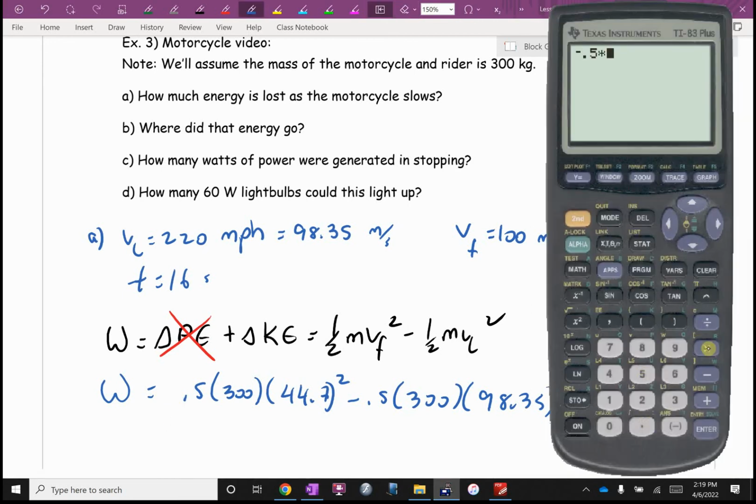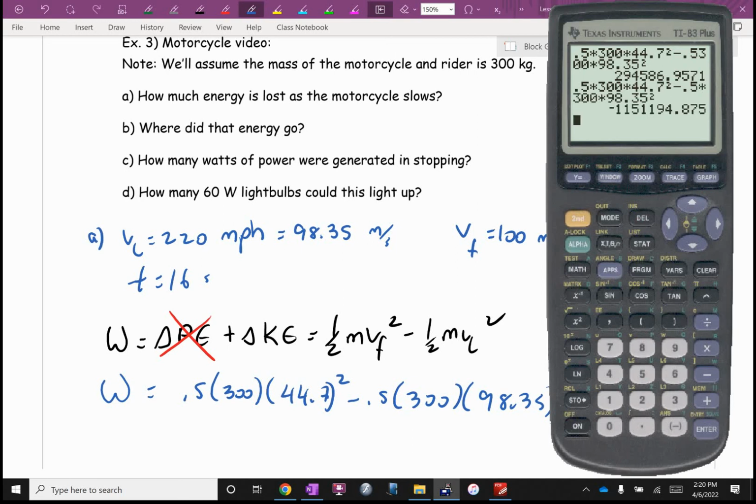Don't forget the squared. I got a typo somewhere there, because there's no way I should get a positive answer. 0.5 times 300, that's better.